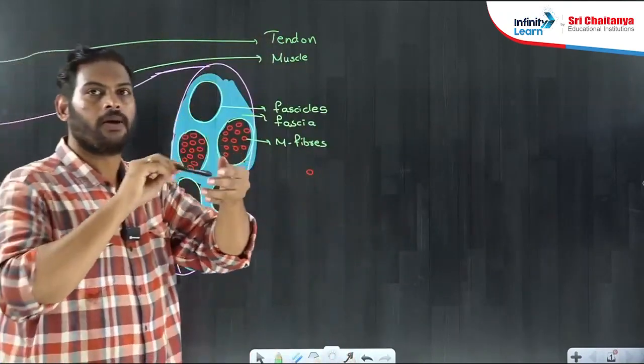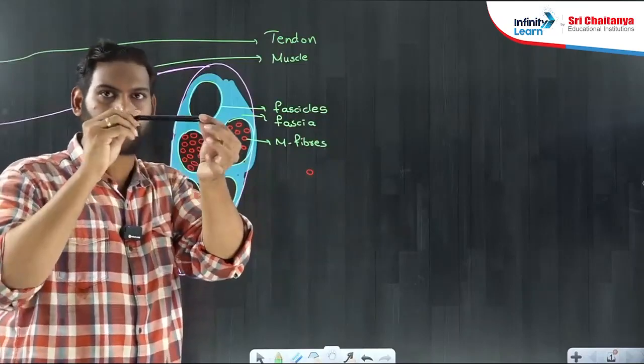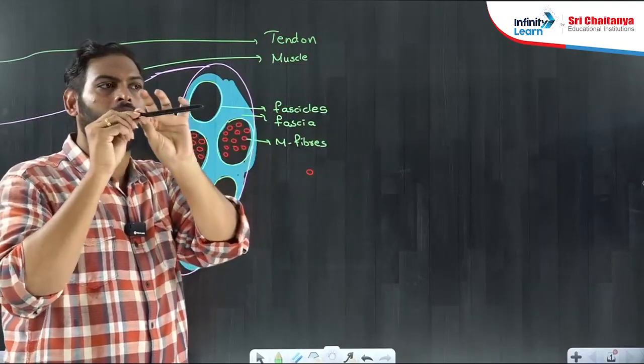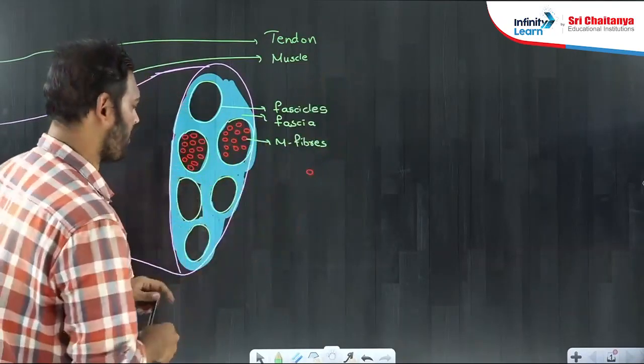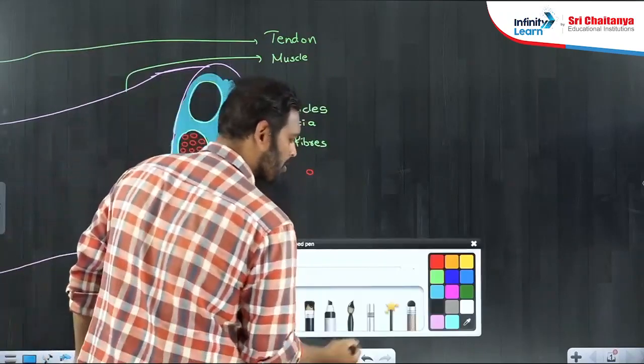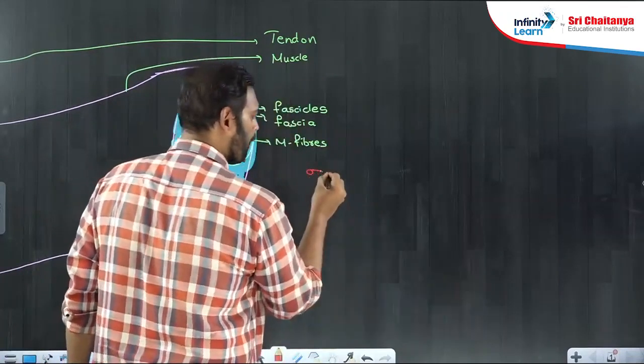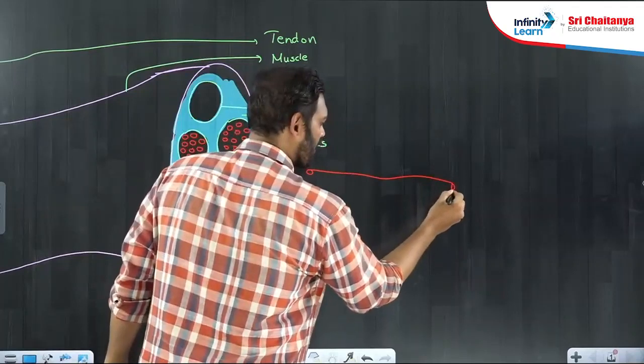When you turn this, you can see an elongated muscle fiber. The same thing is applicable to this structure also, like this.